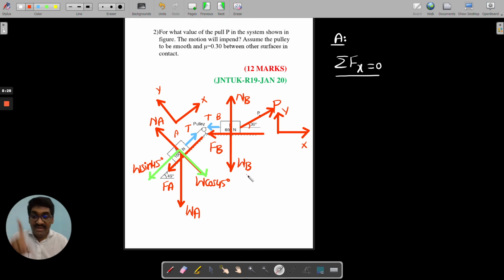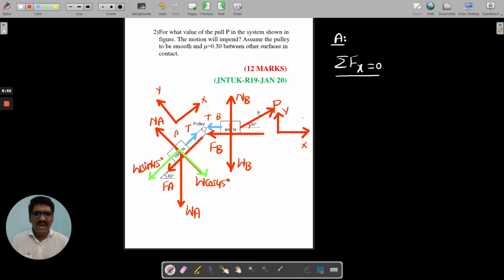Simple. Again, I'm repeating all of you. This is a very important step. If you make any mistake here, resolutions will become wrong. Again, I'm repeating. If you have a block resting on the inclined plane, you take inclined as x, normal as y. If you have any block on the horizontal surface, you take horizontal as x and vertical as y.